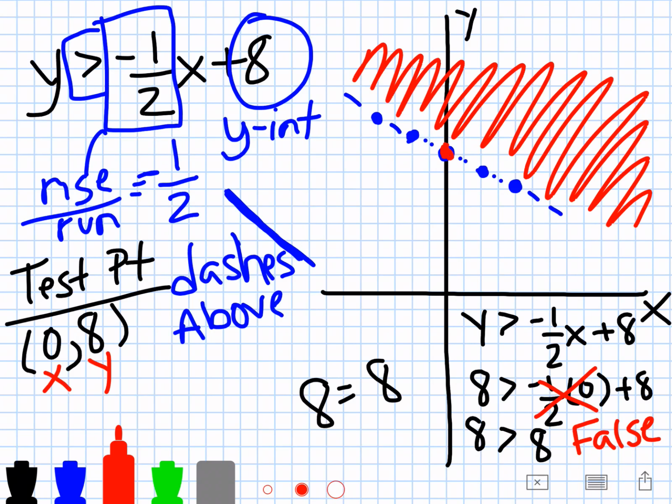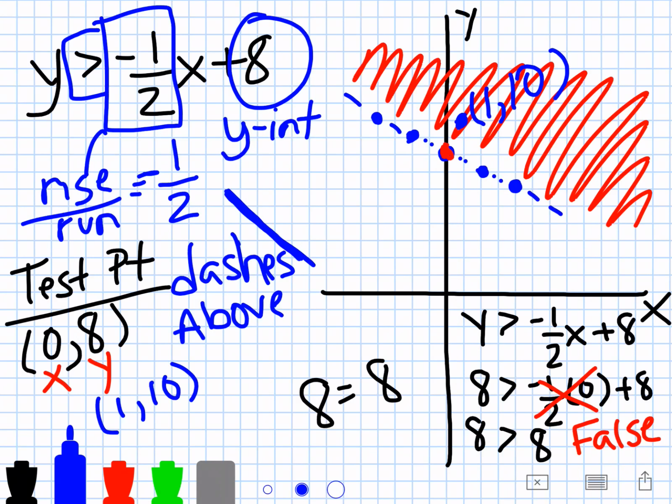Let me give you guys one more example here. Let's say I select this point right here. It's going to be a positive 1, and I'm going to count up 1, 2, 3, 4, 5, 6, 7, 8, 9, 10. So now I have a test point of positive 1 and 10.